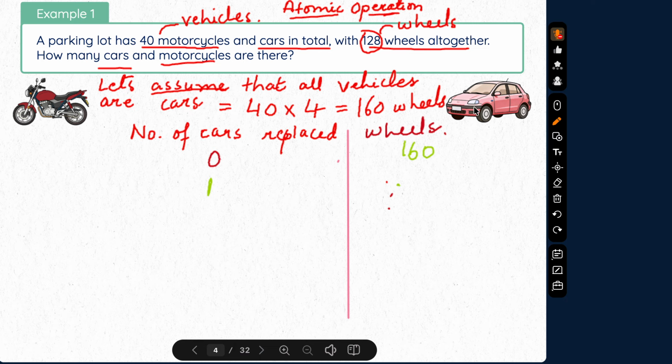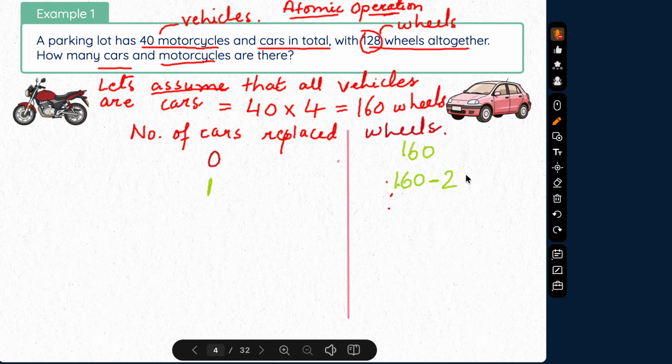So I'll just subtract 2 from 160. Why am I subtracting 2? Because a motorcycle has two wheels. So when I am converting a car to a motorcycle, the reduction in the wheels is 2. Okay?